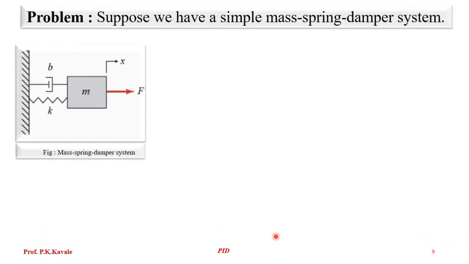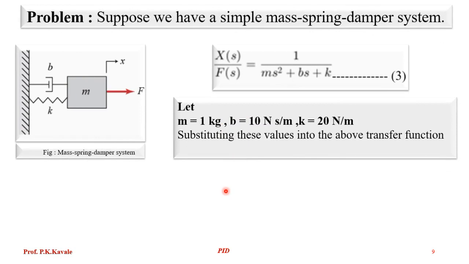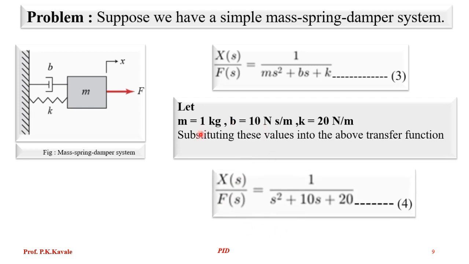Now we put down some values. We are assuming mass equal to 1 kg, damper value 10 Newton second per meter, and stiffness constant 20 Newton per meter. You can take different values also as per your system or model. So we are inserting these values.